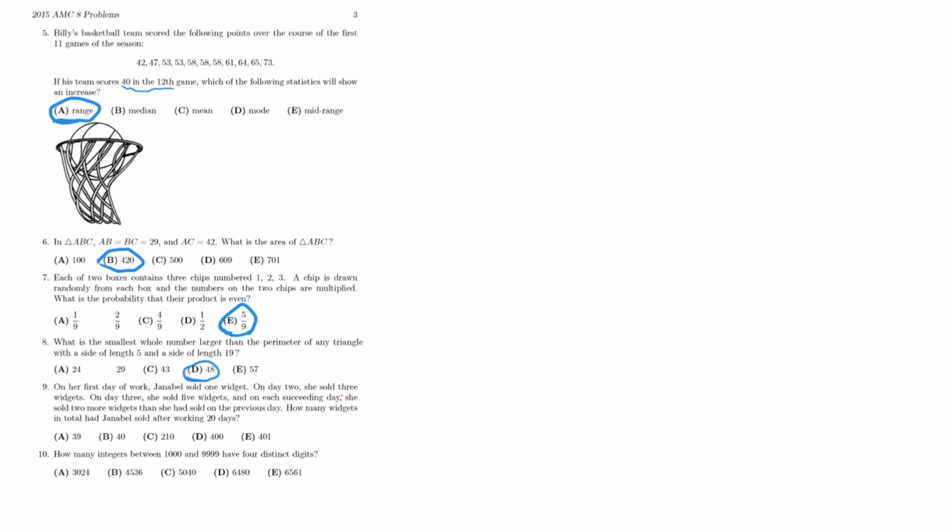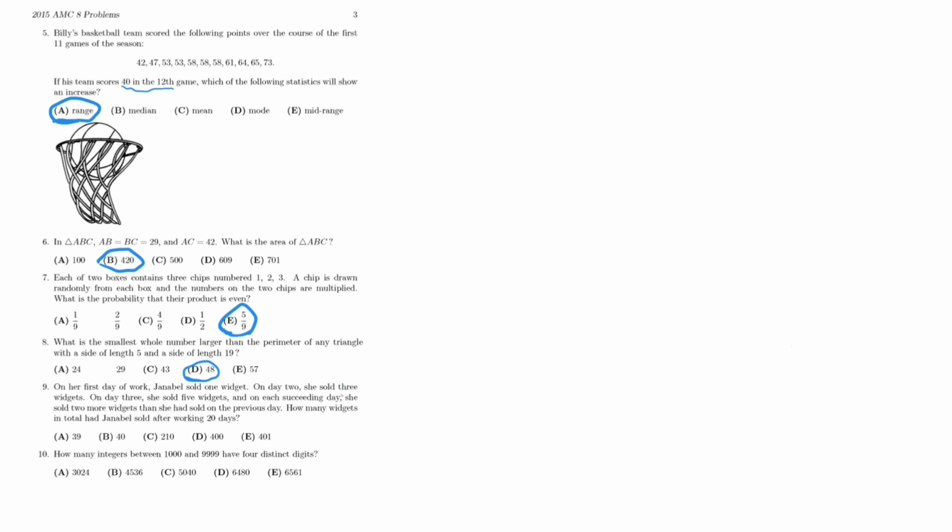Number 9. On the first day of work, Janabel sold 1 widget. On day 2, she sold 3 widgets. On day 3, she sold 5 widgets, and on each succeeding day, she sold 2 more widgets than she had sold on the previous day.